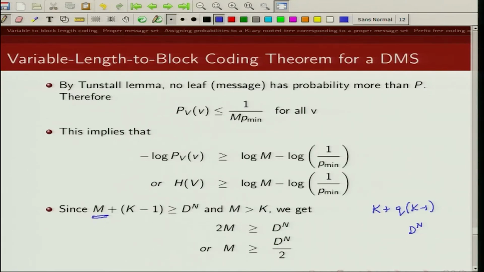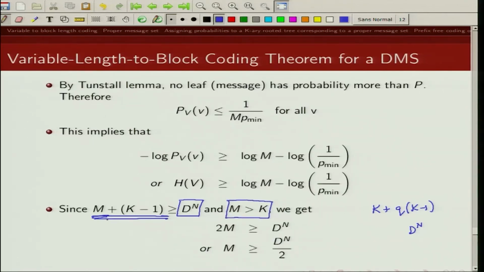So m plus k minus 1 has to be greater than d raised to power n, because if that's not the case, then we could have done further extension of the Tunstall message set. So m plus k minus 1 is greater than or equal to d raised to power n, and of course our number of messages m is more than k.